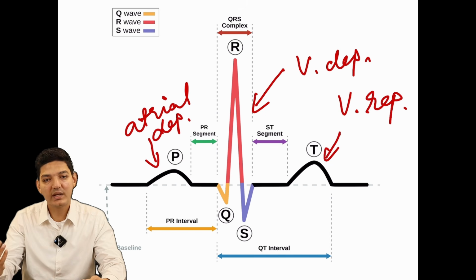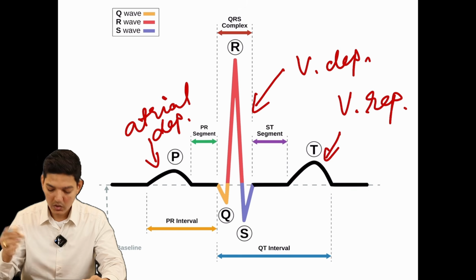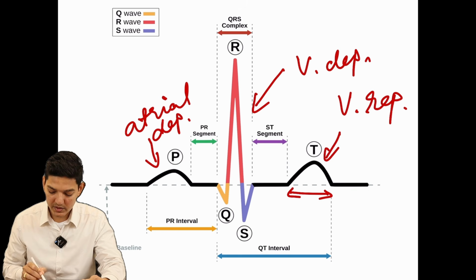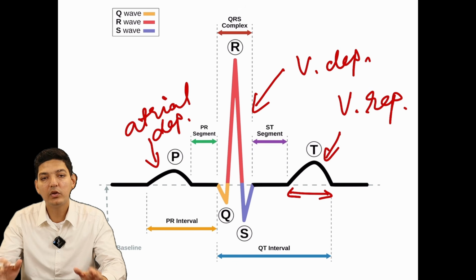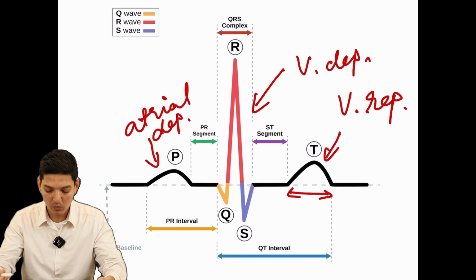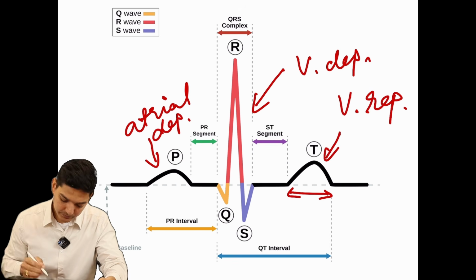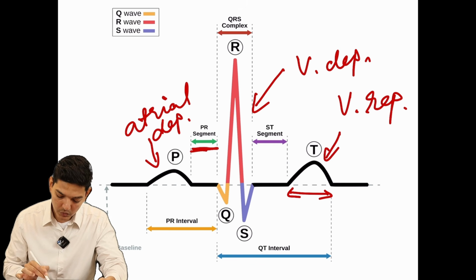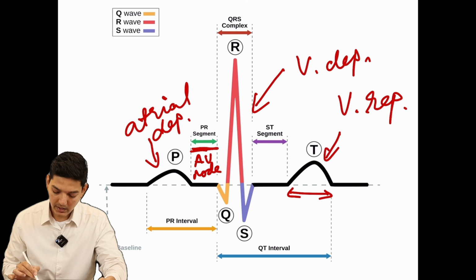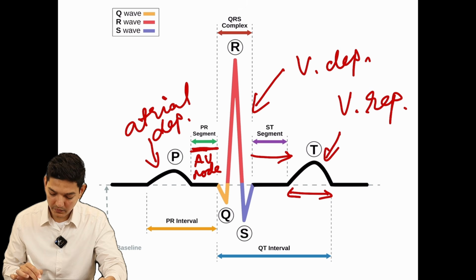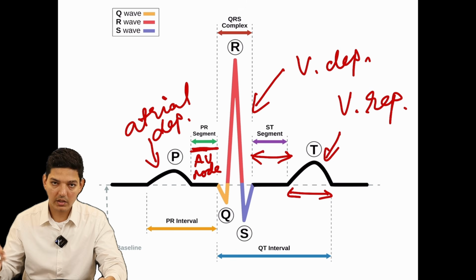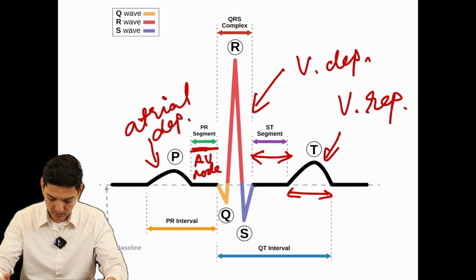Ventricular repolarization is a slow process, so the width of the T wave is almost always more than the width of the QRS complex. The PR segment shows the hold of electrical current, the delay in the AV node, and the ST segment is the timing between ventricular depolarization and ventricular repolarization.